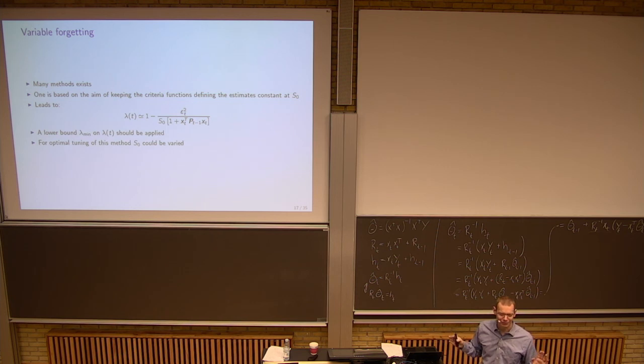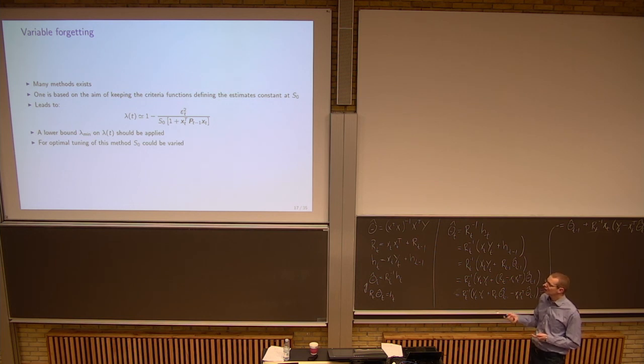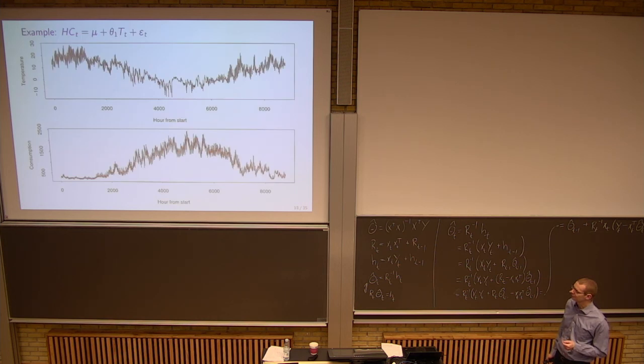I've been there. It happens if you don't handle it nicely. And then, of course, you should pick your S0 according to what you want it to be and what performs well.